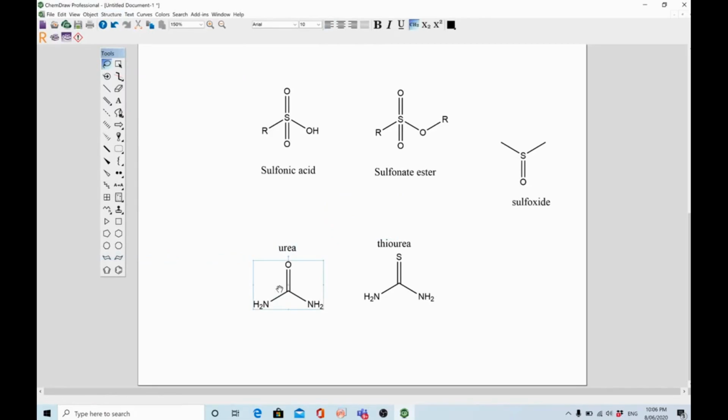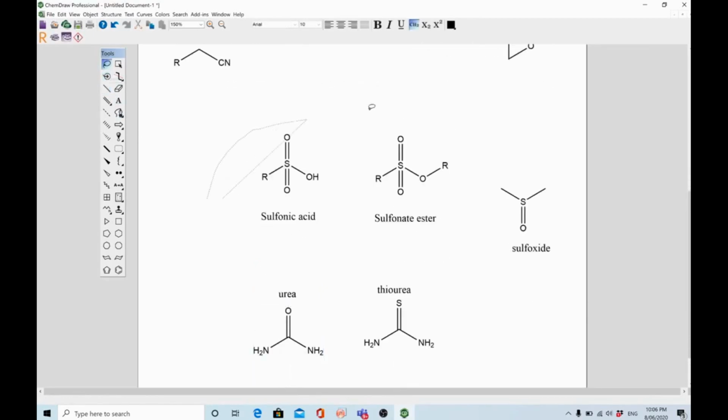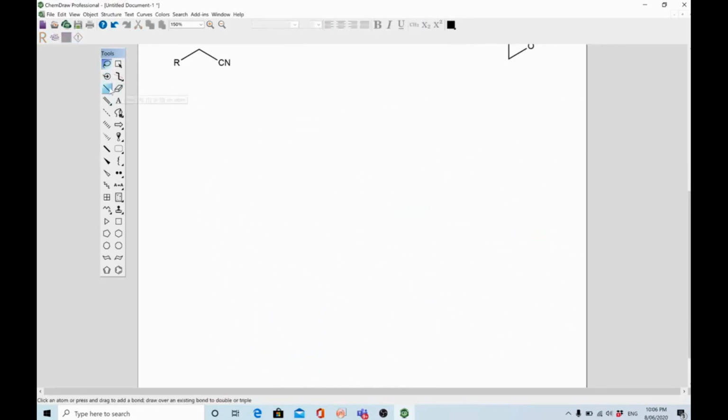Very common functional groups. Then there is imide as well. Imide functional groups instead of amide. Okay, I need to erase this again. You can pause the video to note down these functional groups. There are imides, not amines, not amides.